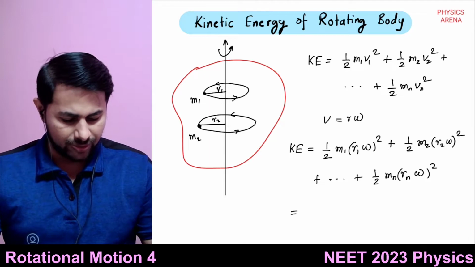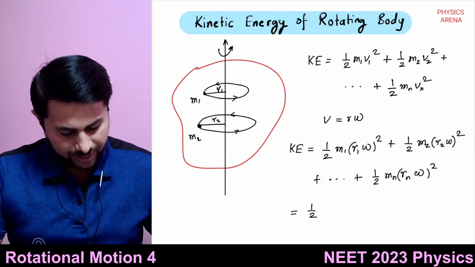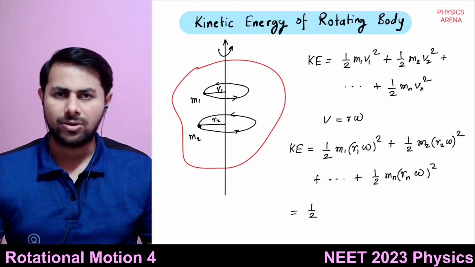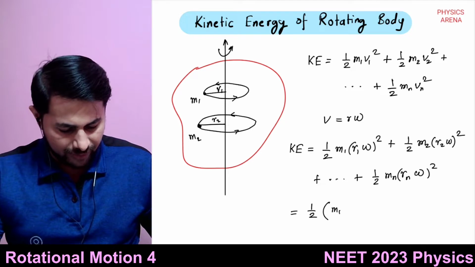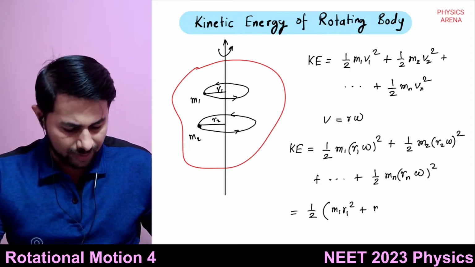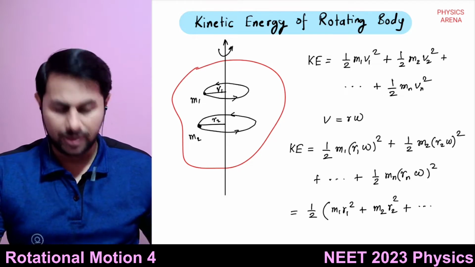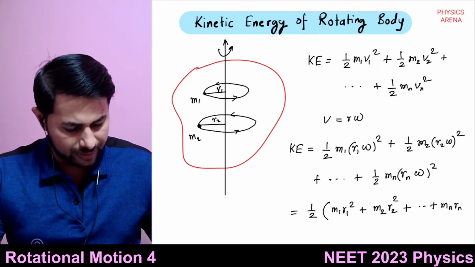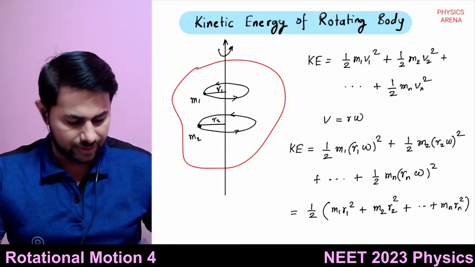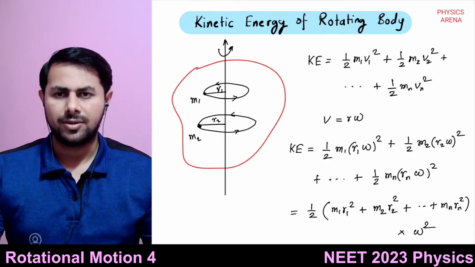We can take half common from all of these terms, then we can take omega square common. So what are we left with? m1 r1 square plus m2 r2 square plus so on and so forth up to plus mn rn square. This thing is multiplied by omega square, right?